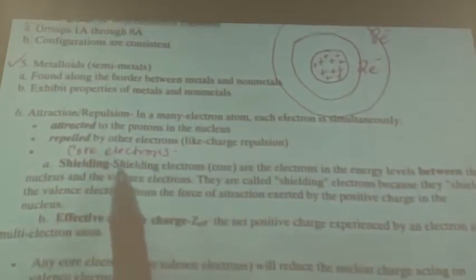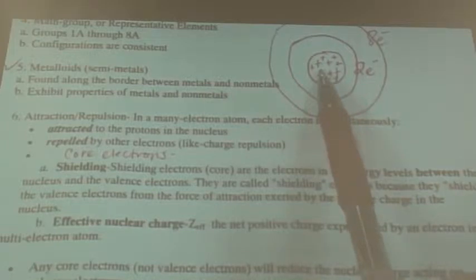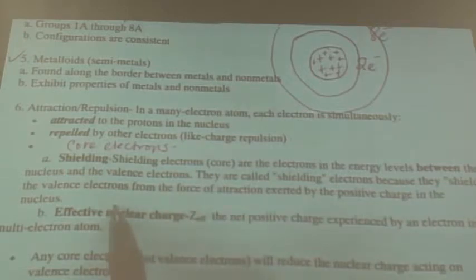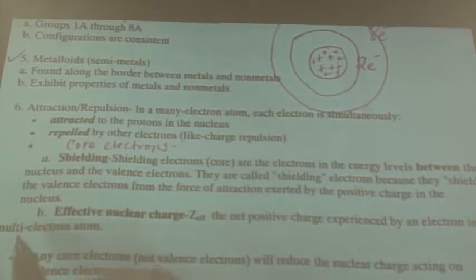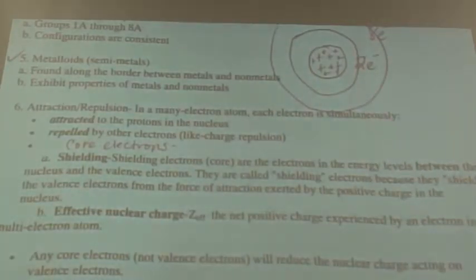Okay, so now we know what shielding is. That is the obscuring of the full charge of the nucleus by inner electrons. Now we're going to describe something called effective nuclear charge. It's abbreviated Zeff. I call it ZAP. The effective nuclear charge is the positive charge experienced by an electron in a multi-electron atom. What the ZAP, or effective nuclear charge, takes into account is the shielding by the core electrons.